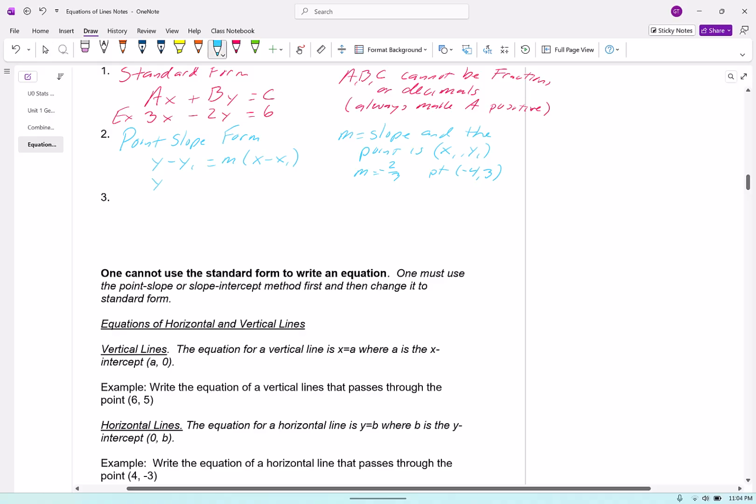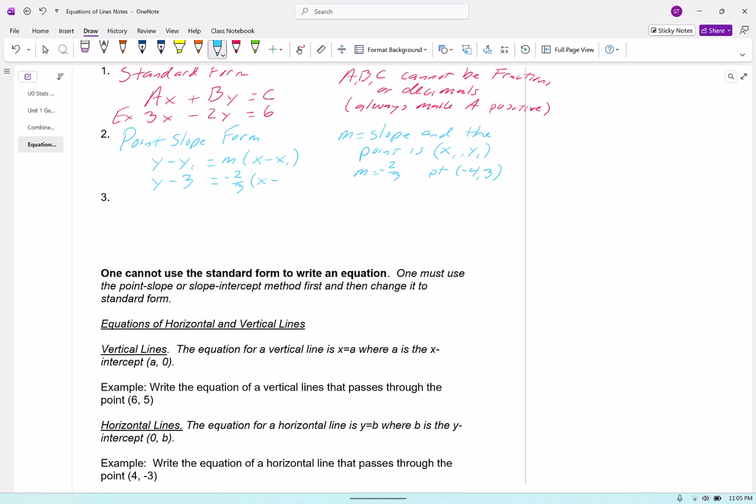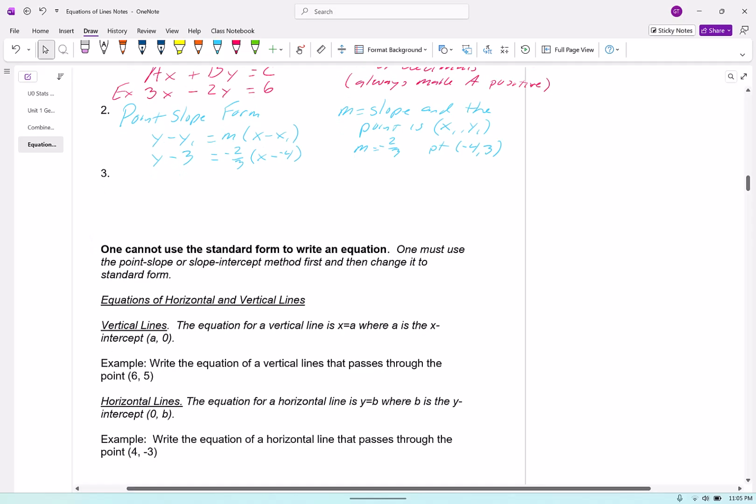Well, I got a y minus, and I put in the y value in the point, and that's 3, equals the slope, which is negative 2/3, times x minus whatever my x value is, which is -4. So I put it in there, minus the negatives, so technically it would be x plus 4 would be fine. But that's how you take a point and a slope and plug it into that form.